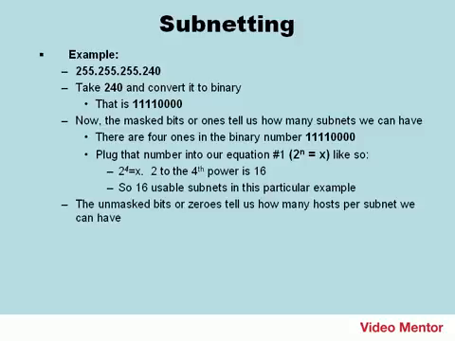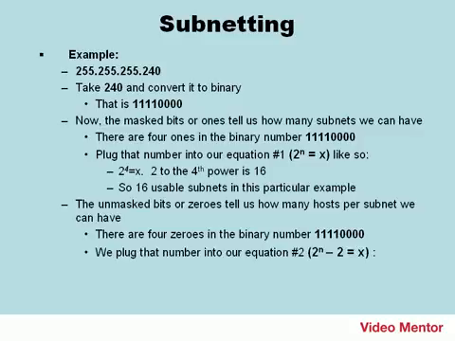Now the unmasked bits, or the zeros, tell us how many hosts per subnet we can have. There are 4 zeros in the binary number 11110000. So now we plug that into our equation number 2. 2 to the n power minus 2 equals x. So it's 2 to the 4th power minus 2 equals x.